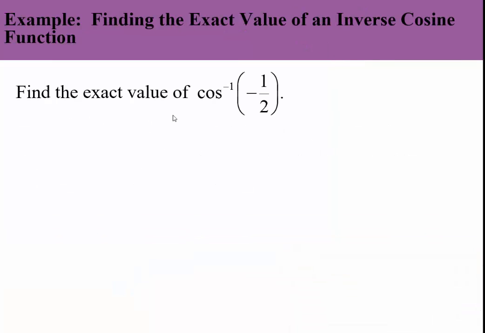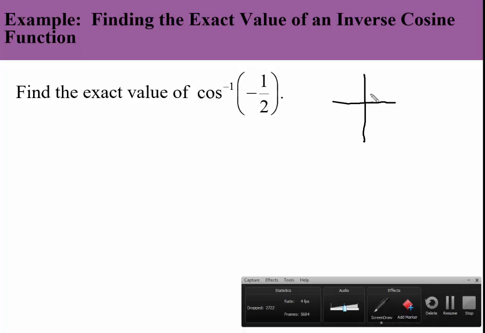So it says find the exact value of the arc cosine of -1/2 or the inverse cosine of -1/2. Now again, you can do it by letting theta equal this and go forth with that. But let me show you what I like to do. I like to draw that etched out circle here, and I'll say, where is the cosine -1/2 here?